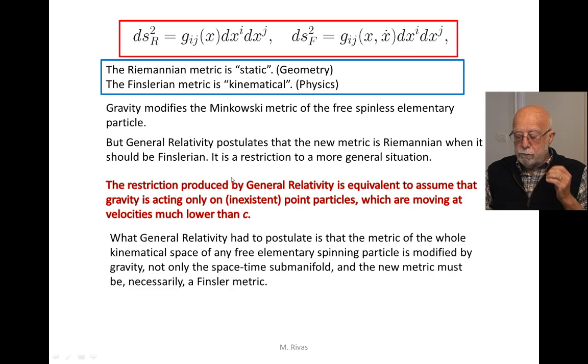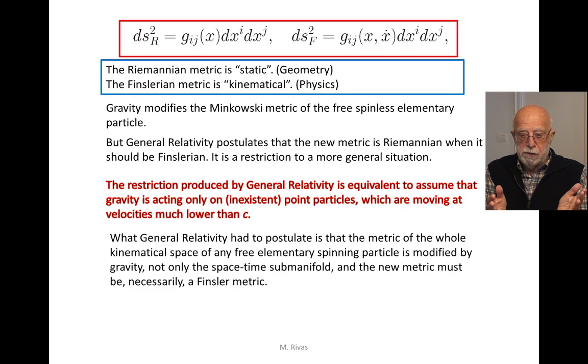Now, if we want to assume what gravitation produces in a general relativistic spinning particle, what general relativity has to postulate is that the metric of the whole kinematical space of a relativistic spinning particle has to be modified by gravity.